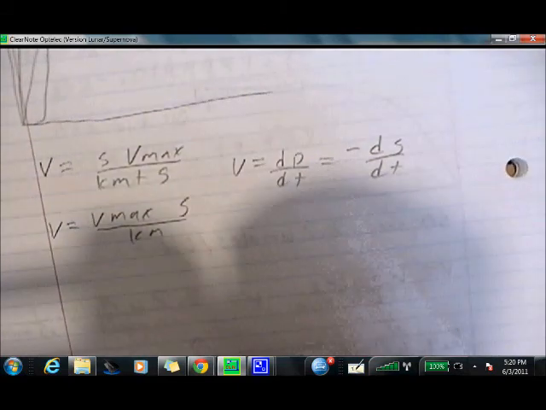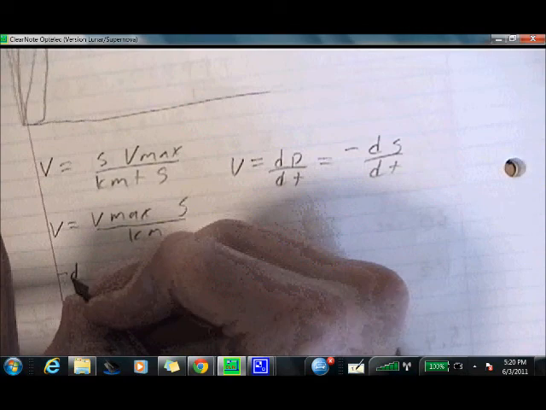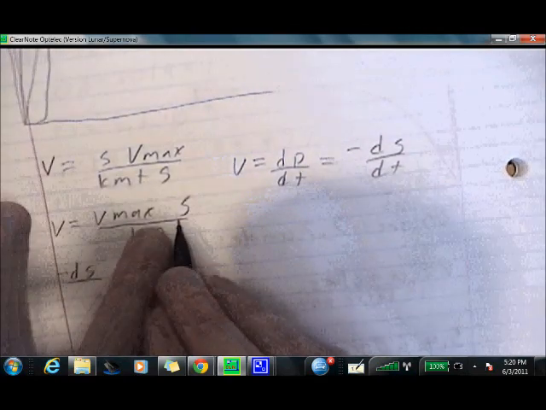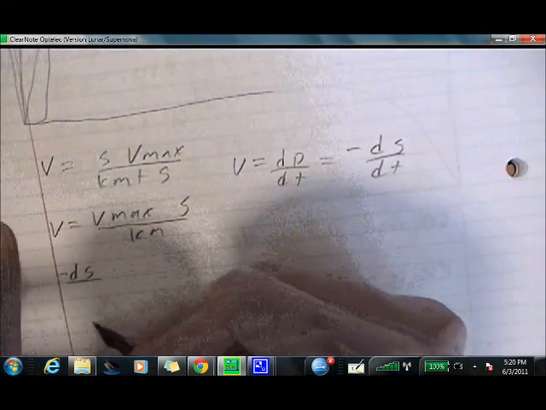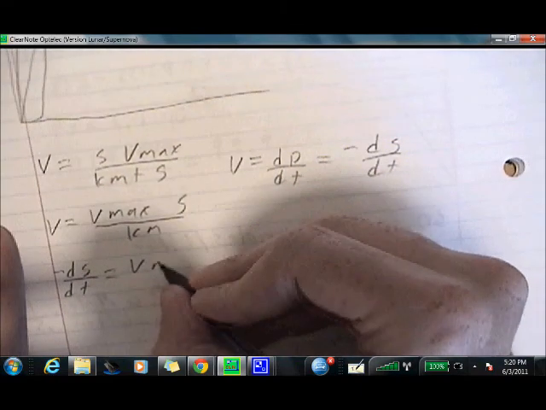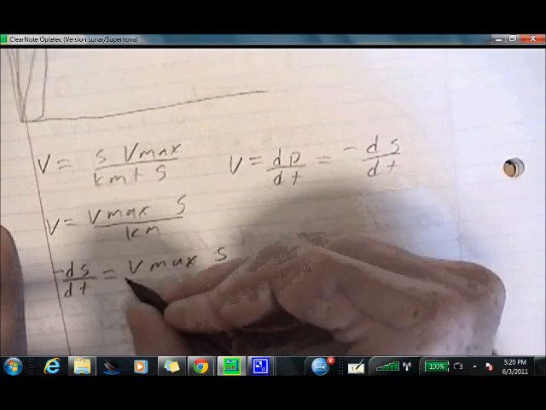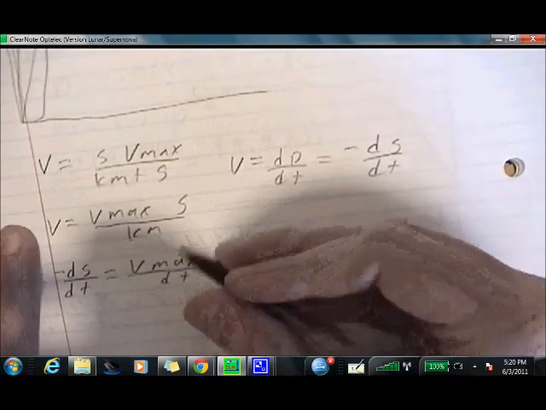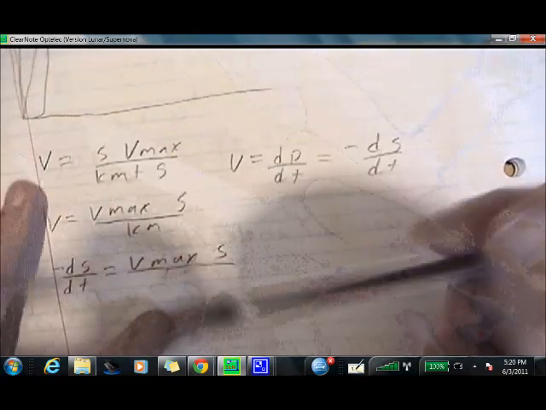That's just its definition. So now I'm going to plug in negative ds because this isn't in terms of product, this is in terms of substrate. Negative ds over dt is going to equal V max S divided by Km.